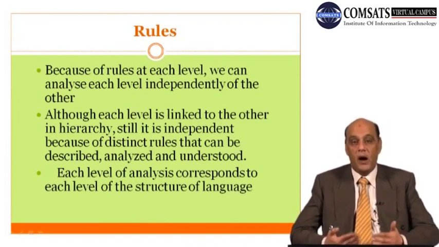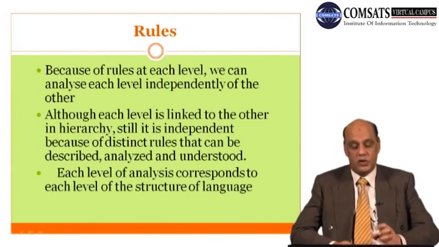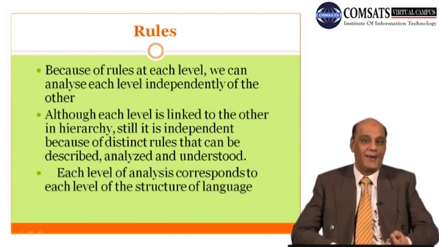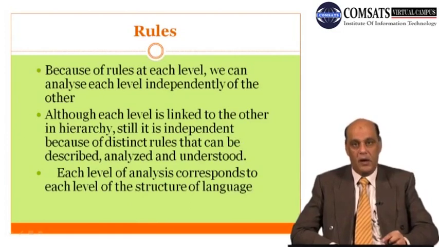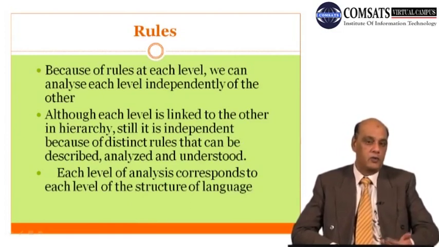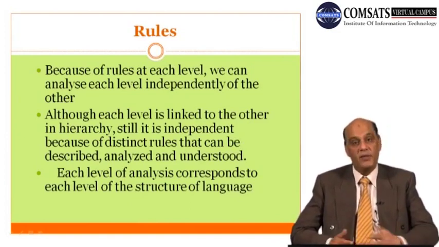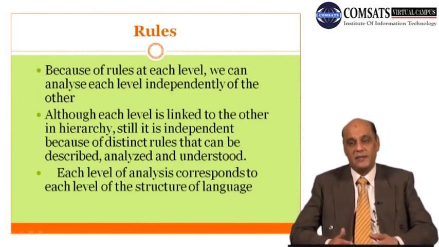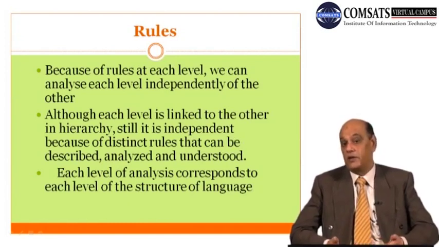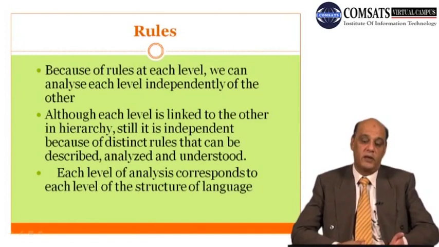But they also enjoy their independent entity, and they can be studied in themselves: how certain sounds are produced, or how certain words are made, and what is the formula or the rule for making certain words, certain sounds or certain sentences. But again, they have a link to the next level, which helps us in studying the development of language, or studying the link of words, and that is how the language is developed.